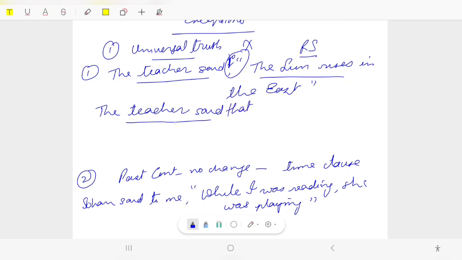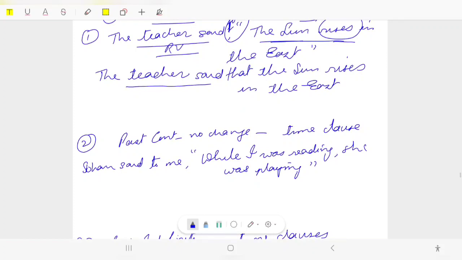So that connected. The teacher said that the sun. Now tense will not be changed here. It will remain as it is. Rises in the east. So if there is universal truth in RS, then we do not change the tense even if RV is in the past.